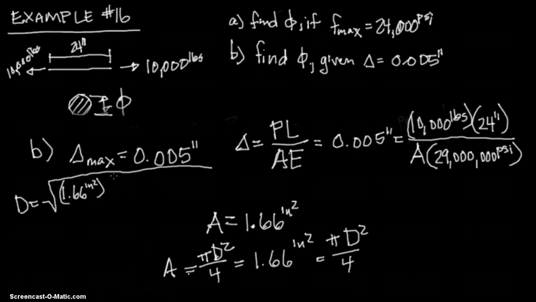It's going to be the square root of 1.66 times 4, and then divided by pi. And we're going to take the square root of that. And the answer is 1.45 inches. And let's check that to what they got. 1.454 inches. So we're good to go.